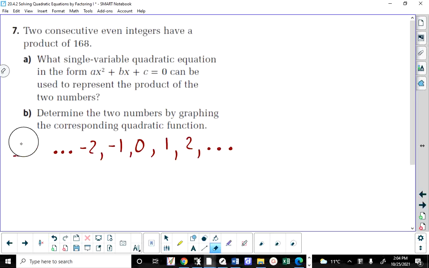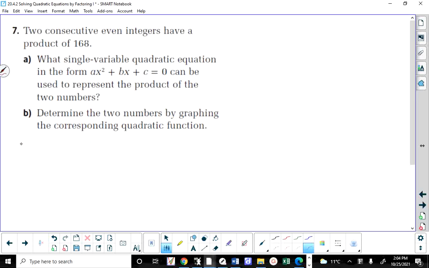I'm going to put an extra one in there to make my point. I mean, I don't think you even need to write this down. You just need to observe what I'm doing here. -3, -2, -1, 0, 1, 2, 3. I could go to 4 as well, but I'm not going to.